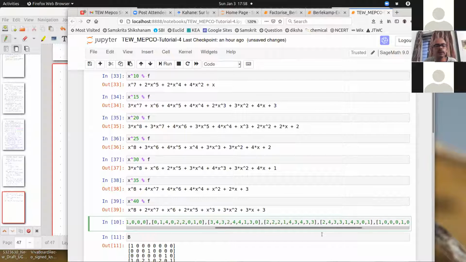Then the next one is 30th power. It starts with a 3, then 0. Good, that is 1. Sixth power is 1.